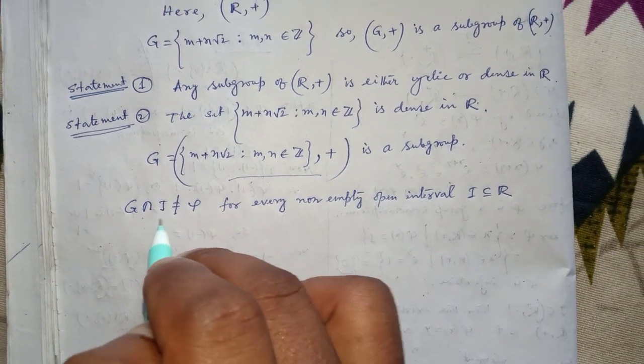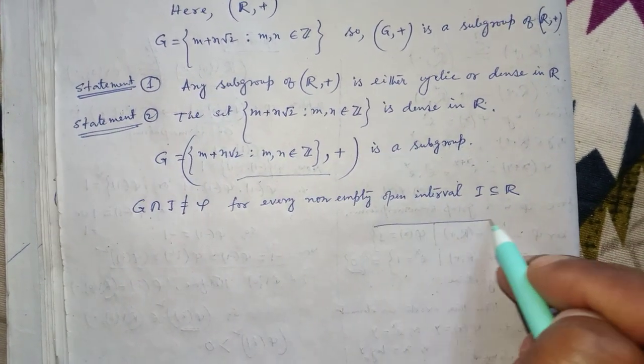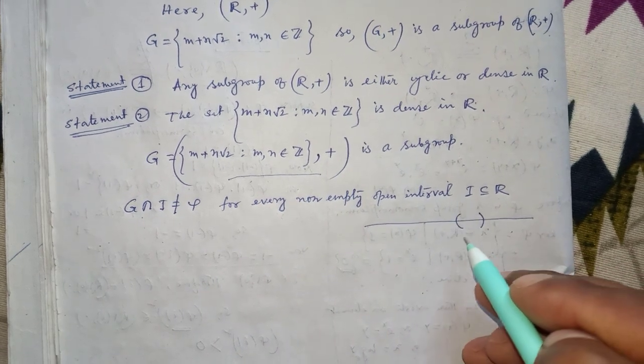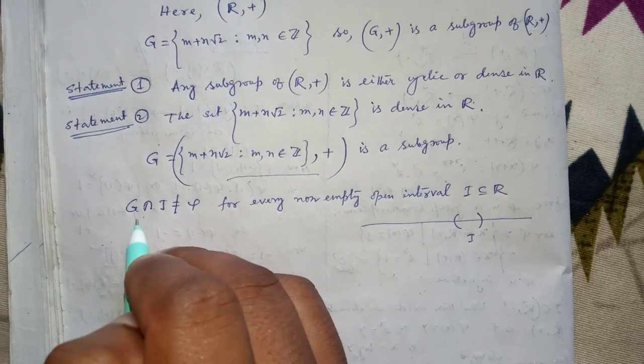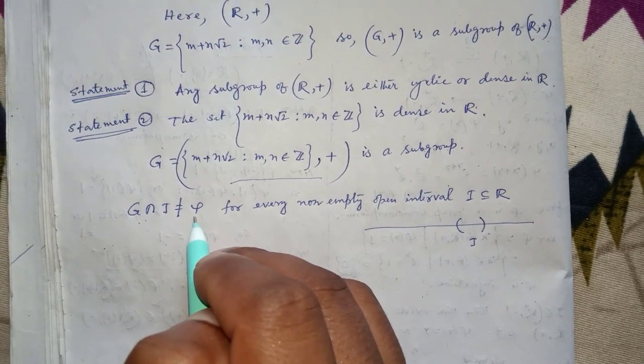So in every open interval in R, intersection G is not equal to the null set.